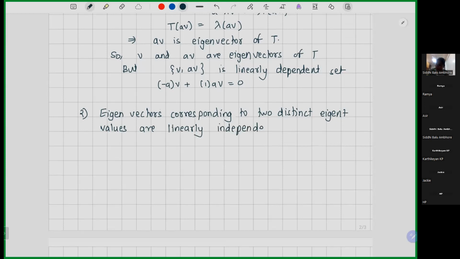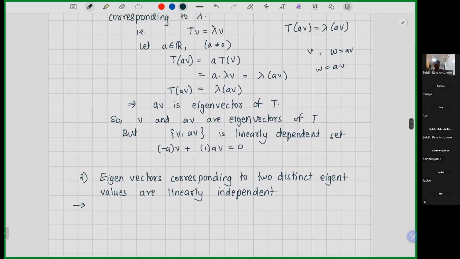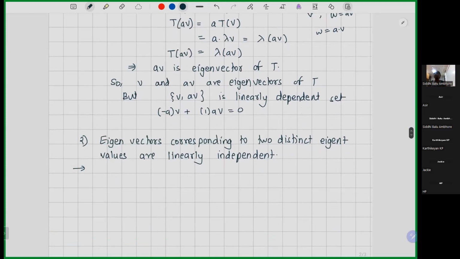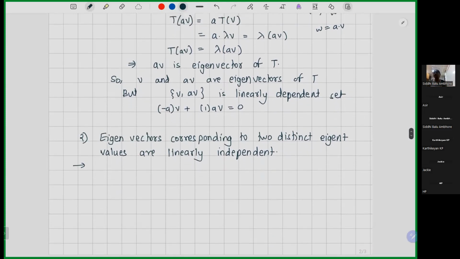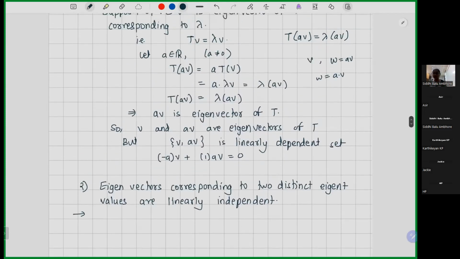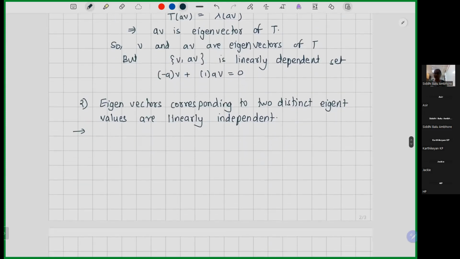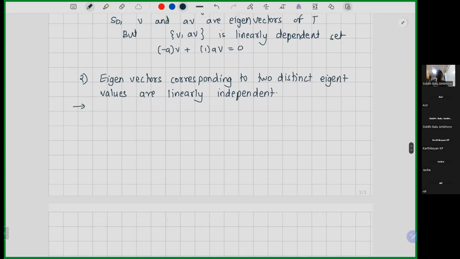Earlier, when we chose v and av, both were eigenvectors corresponding to the same eigenvalue, lambda. Now they are saying that the eigenvectors correspond to distinct eigenvalues. So what is the guess? Will they be linearly independent, or can we again have such vectors which are linearly dependent? Any guesses now?